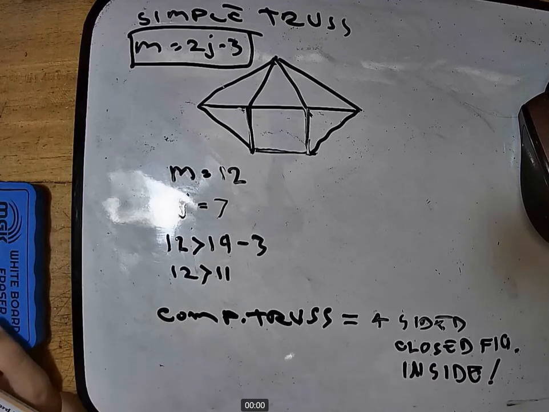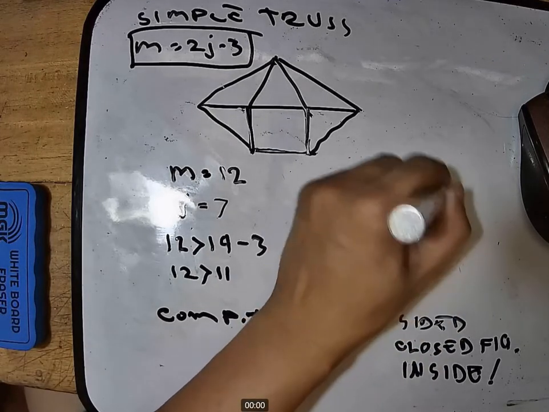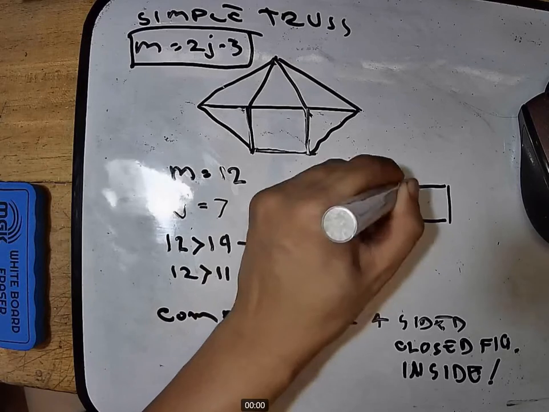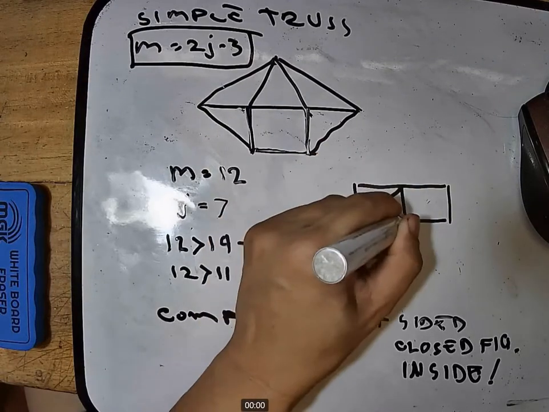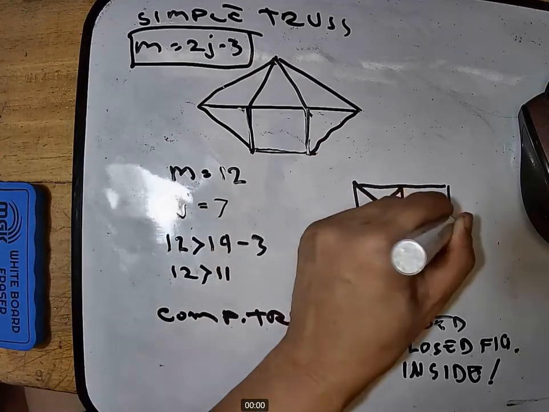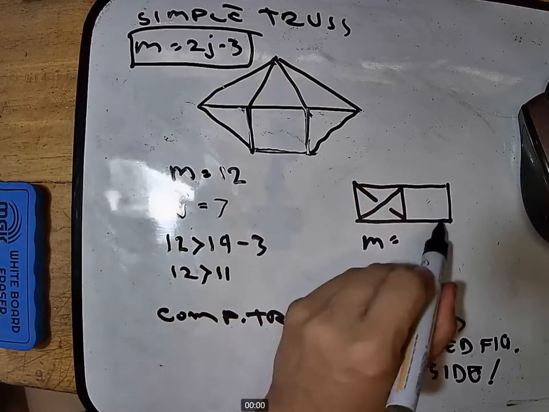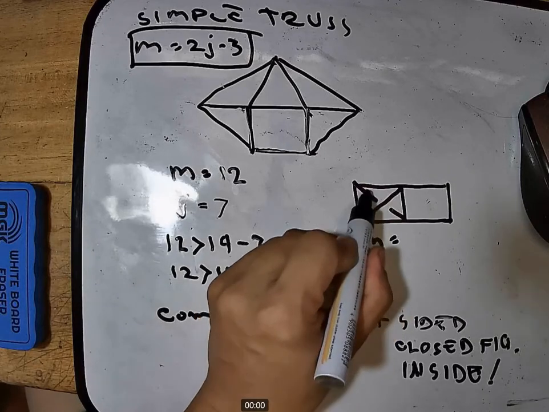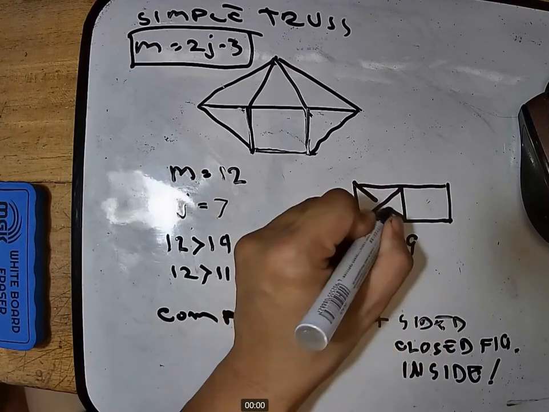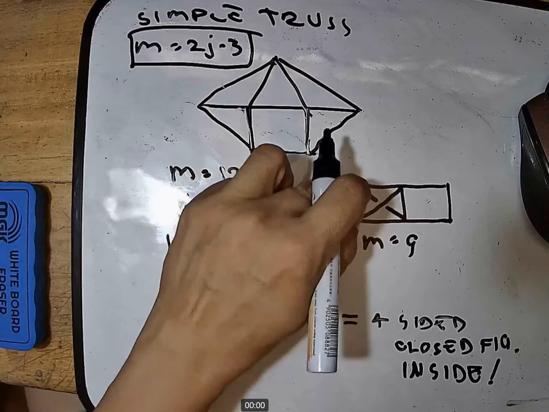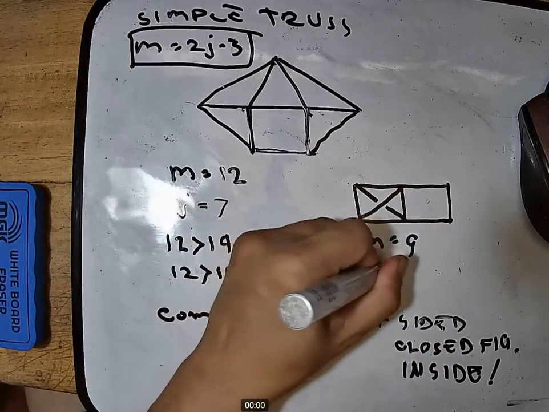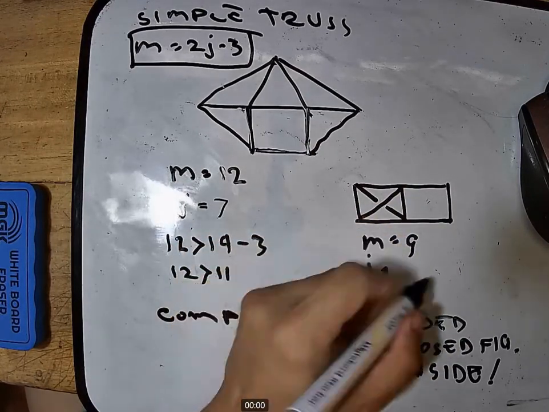Okay? And yan. Let's take an example here. So, yan. Tapos, nag-cross siya sa loob. So, how many members? 1, 2, 3, 4, 5, 6, 7, 8, 9. Okay, 9 members. Tapos, how many joints? 6.